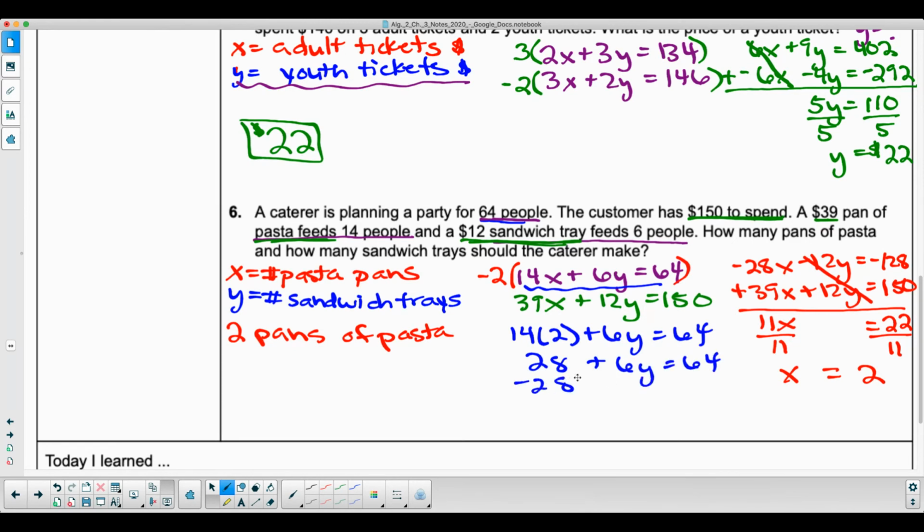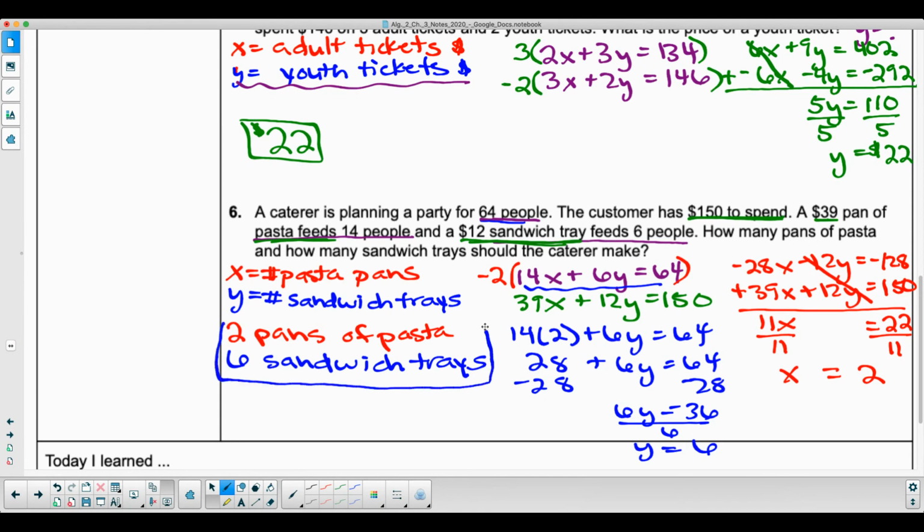Subtract 28, and 6y equals 36. Divide by 6, and you get y equals 6. So we should buy 6 sandwich trays. Two pans of pasta and 6 sandwich trays.